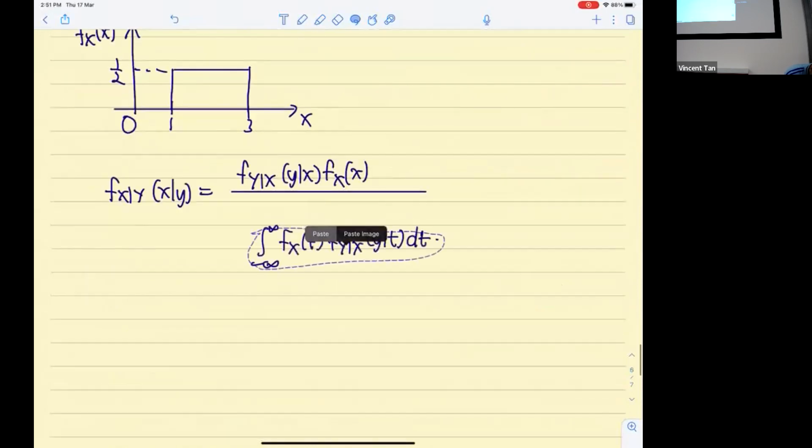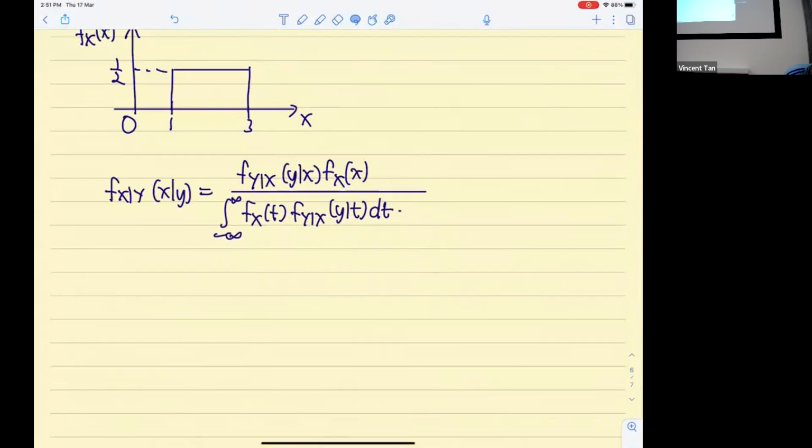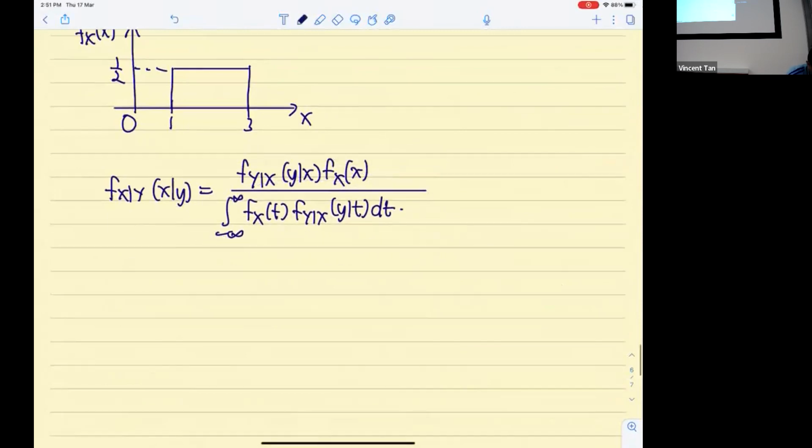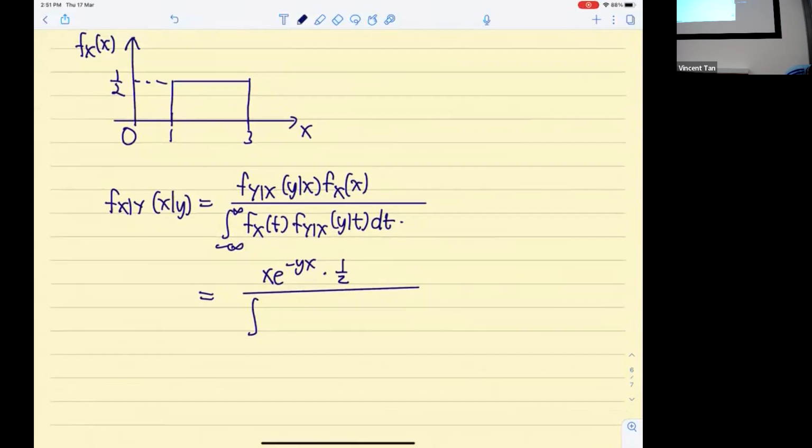Okay, so let's plug everything in. This is going to be x e to the minus yx times half, divided by the integral from, well, we don't need to go from minus infinity to infinity because the support of x is from 1 to 3 only.